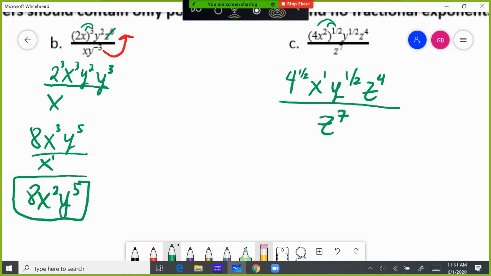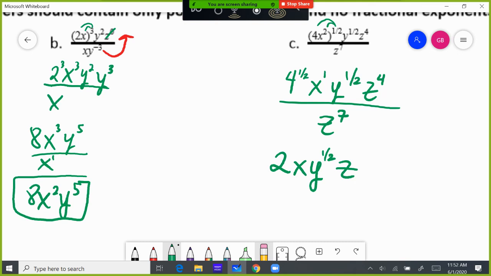If you punch in 4 to the 1/2 power into the calculator, you actually get 2. So I'm going to simplify that down to 2. x, copy it over. y to the 1/2, you copy that over. And then the z.